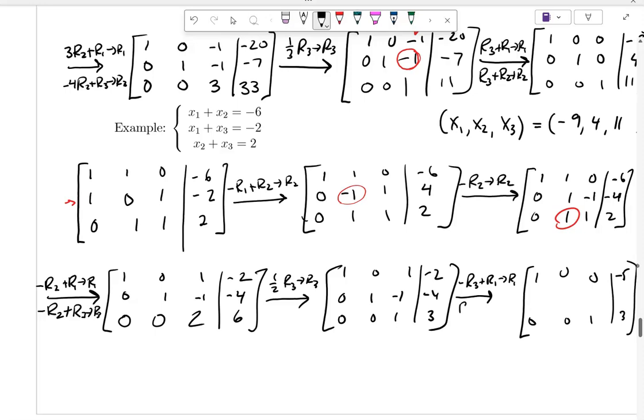The last one, we should just be able to add row 3 to row 2 and replace row 2. And then that last entry should just be a -1. We do the 3 plus the -4. So now, writing our answers out, what do we see? Good. -5, -1, 3. Good.